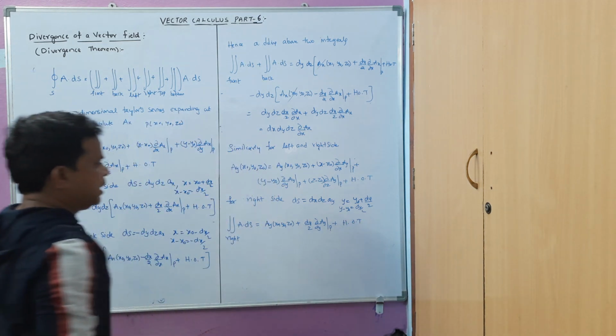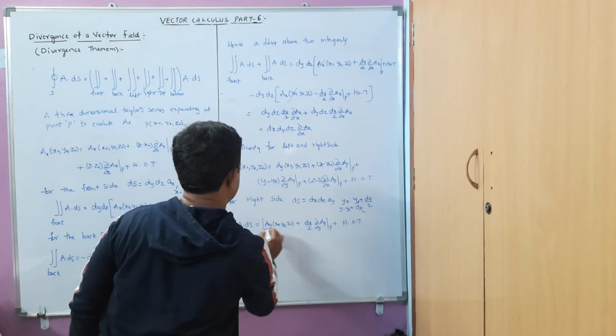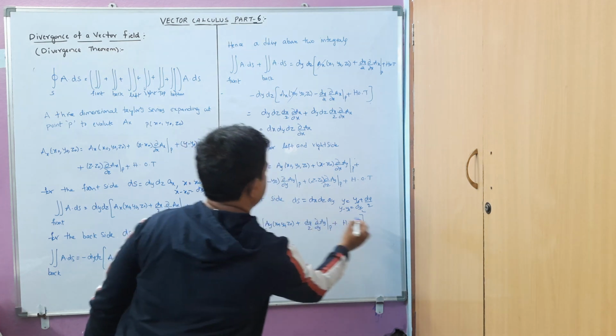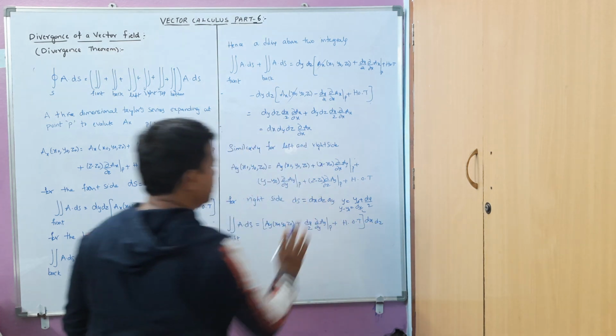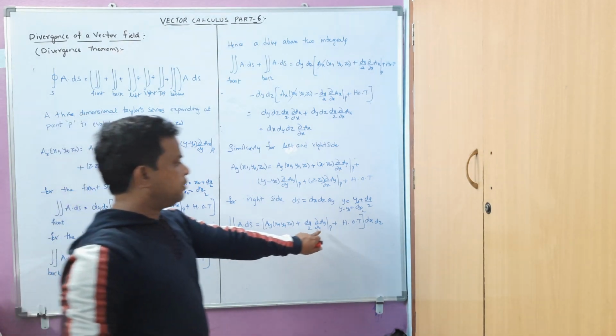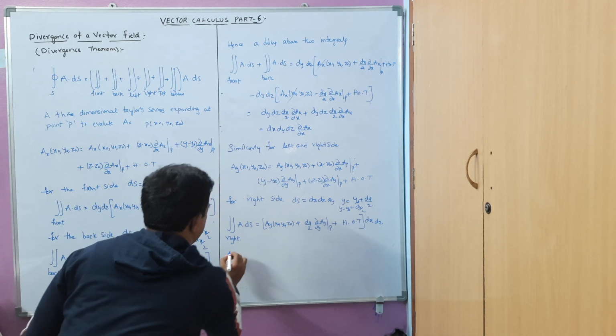Similarly, I can calculate for the other, I have to take dx into dz. So here ay dot ay will become 1, because we have taken only the ay component here.